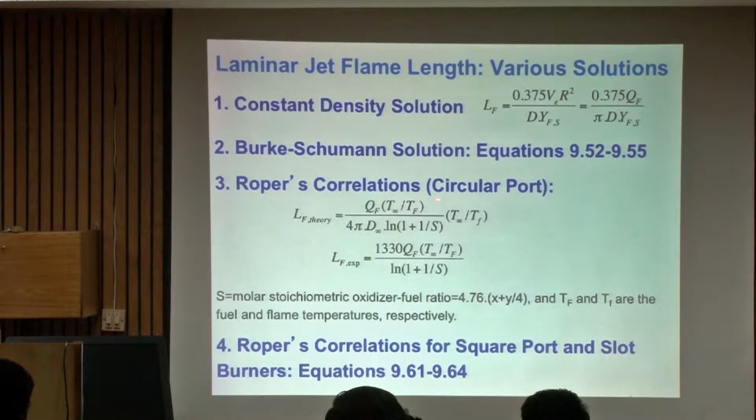Now, these Roper correlations are used in engineering practice. So we'll discuss a little more about the Roper correlations and how we control the flame length using these kinds of correlations.